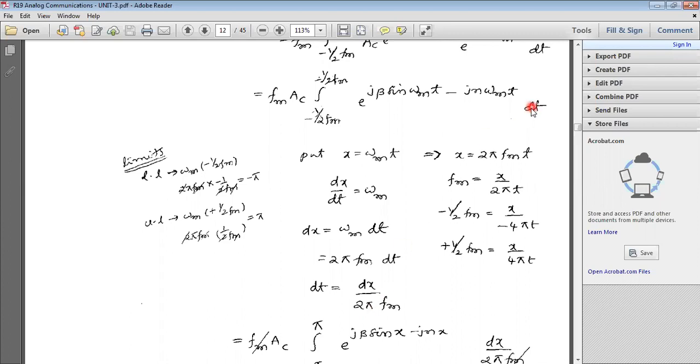Now in place of dt you substitute dx by 2 pi fm, and in place of omega mt you substitute x. Now to calculate the limits.